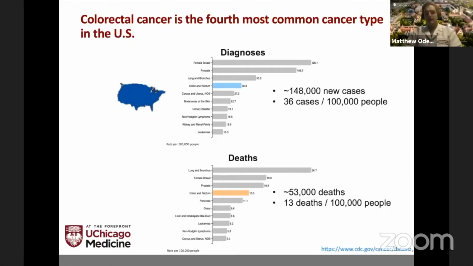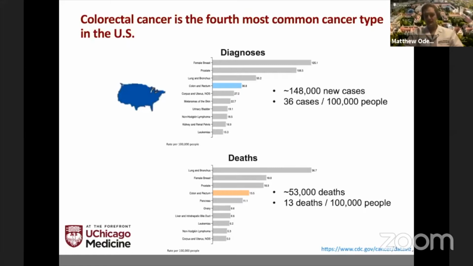And of both males and females, colon cancer is the fourth most common cancer diagnosed. This is behind female breast cancer, prostate cancer, lung cancer, and then colon and rectal cancer is the fourth most common cancer that's diagnosed. It's estimated that in this year alone, nearly 150,000 new cases of colon cancer will be diagnosed here in the United States.